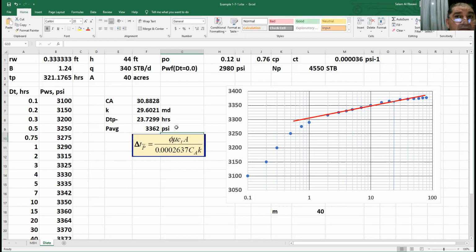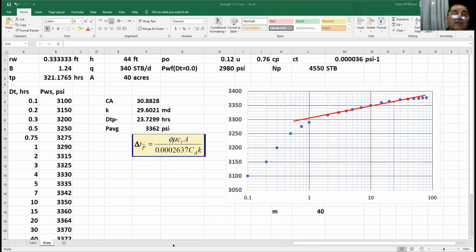While the one calculated by MBH is 3386. The one already calculated in my notes using Dietz is 3368, while mine is 3362.